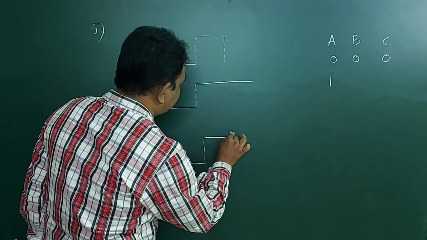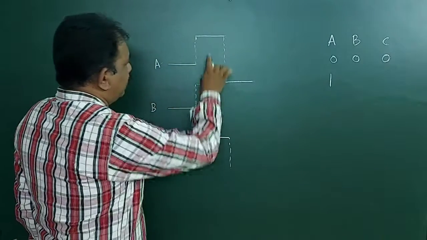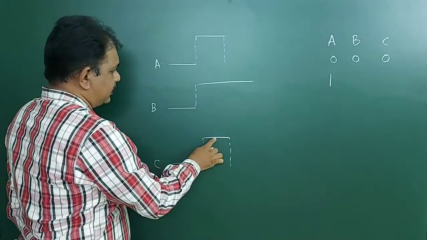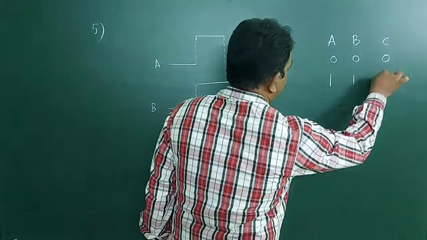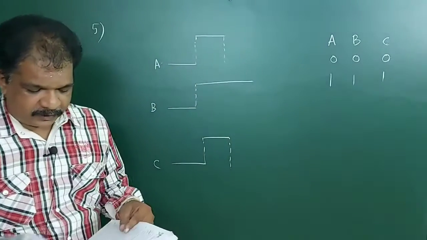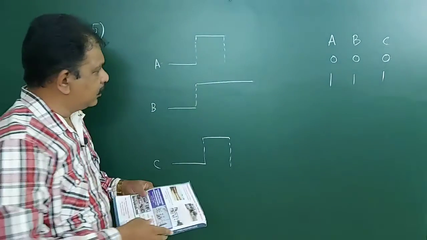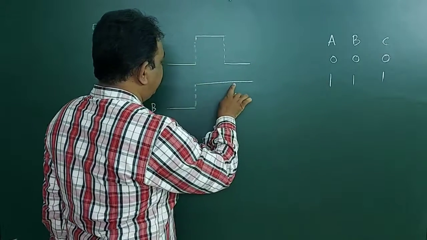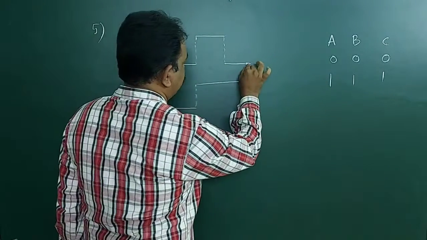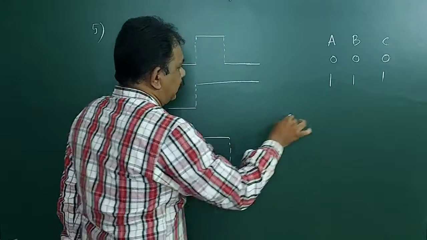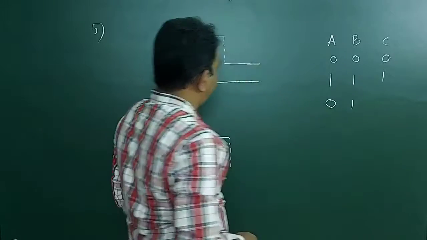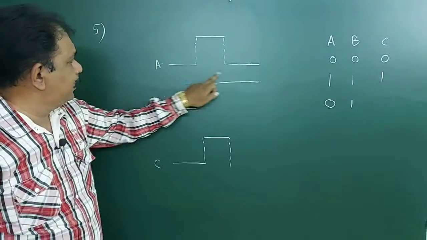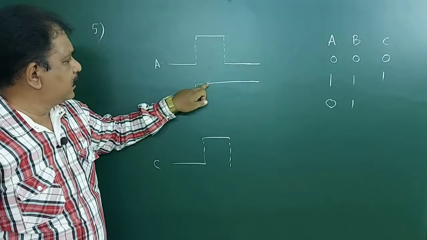They gave it like this: A1, B1, C1. Next, third one, if you take, A will be 0, B will be 1. Understanding? These are zeros, these are ones.